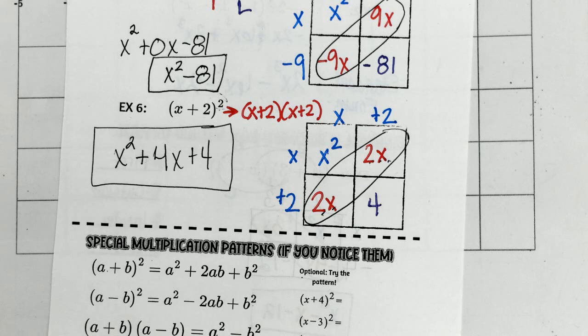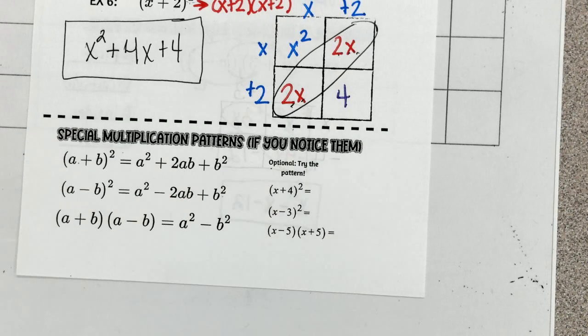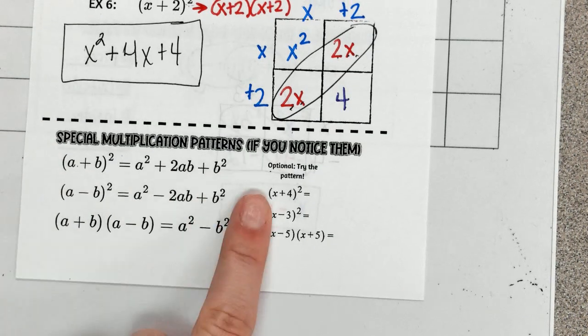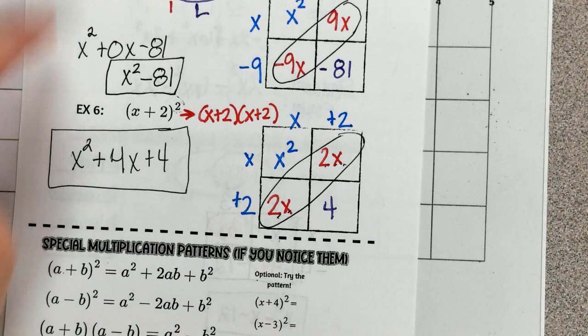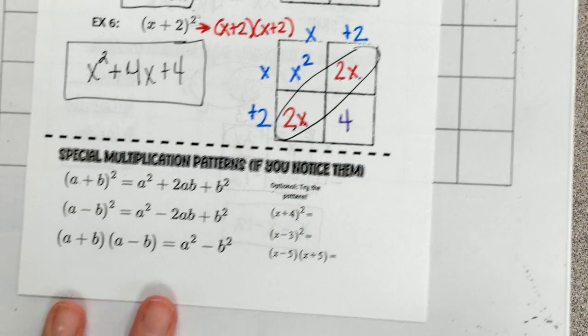Okay. Now, the box is great. You like it. It's your comfort zone. Great. If you want to take it a bit further, if you're like, I know that I'm going on past Algebra 2, teach me more, okay? If you notice these patterns, you can multiply these special case ones, like number 5 and number 6, very, very quickly, okay?